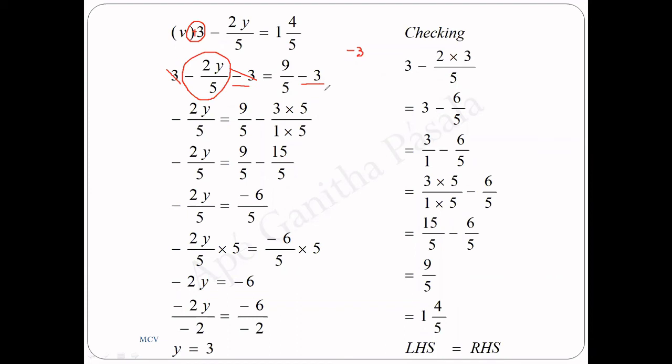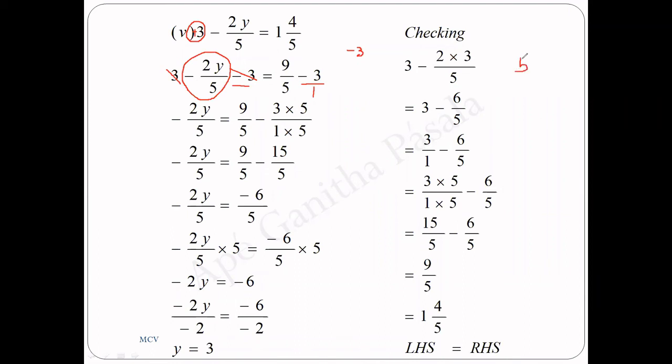I want to get a common denominator because I can't subtract this 3 from 9 over 5 as there is no denominator here. I will put 1 here because for any whole number, the denominator is 1.